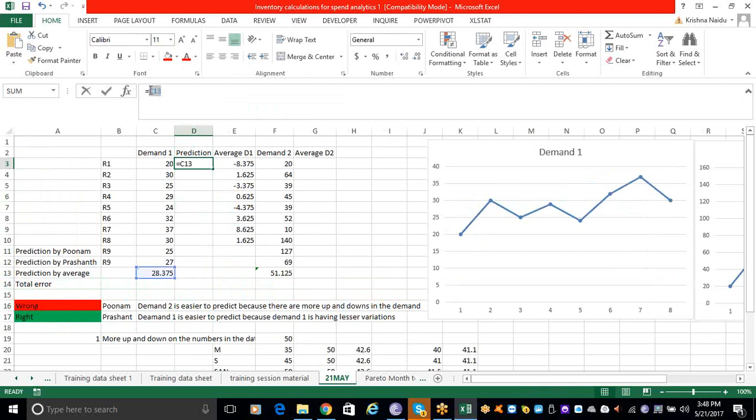More the difference, then more error. Correct. So this is up and down. The difference is up and down. So here it was down by minus 8.375.